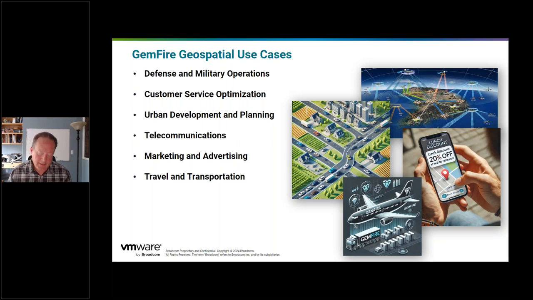Urban development and planning, that one's kind of interesting. One country wanted to understand traffic patterns of people landing on a plane and then figure out where their journeys were. So what I did was I created a nice time series of geospatial data, so I could say, where was Charlie in the last 24 hours?